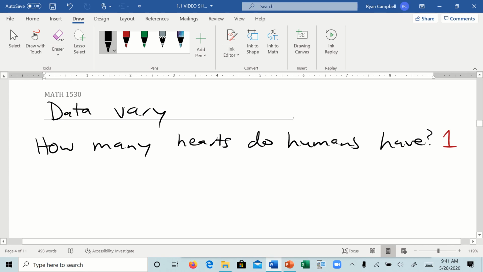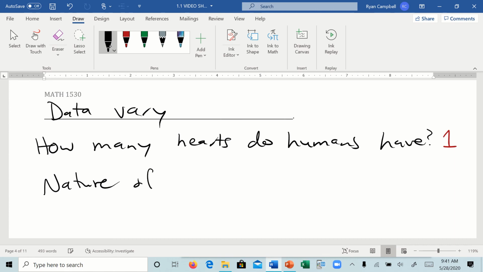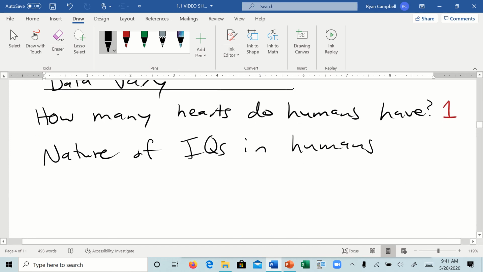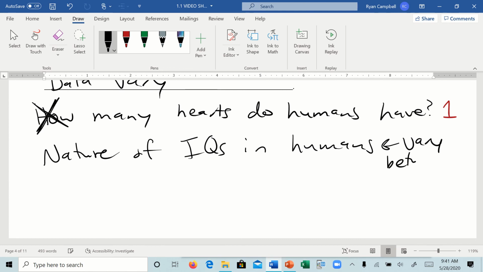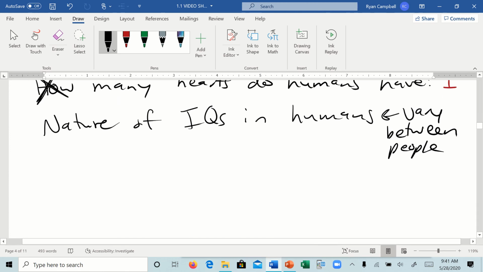Maybe we could do something on the nature of IQs in humans, right? Now, IQ does vary. So that might be something interesting to check out, right? This could be how it varies between people. We could even talk about data that vary within the same person.